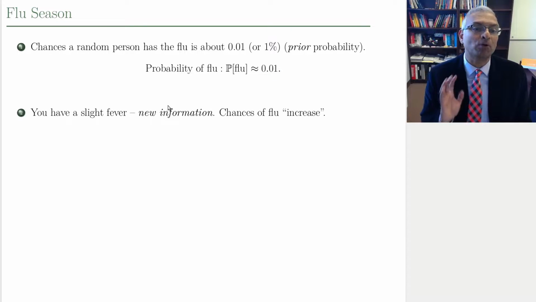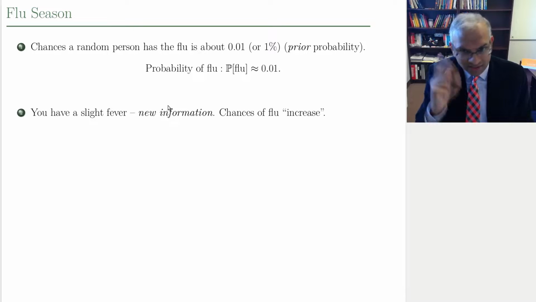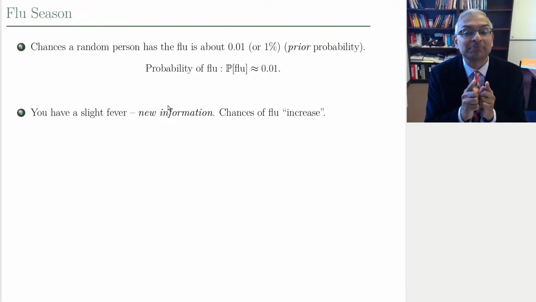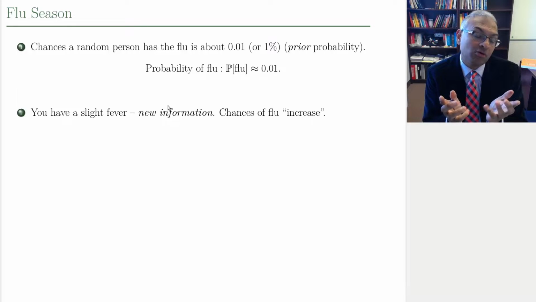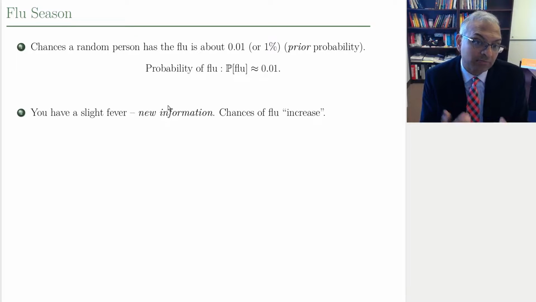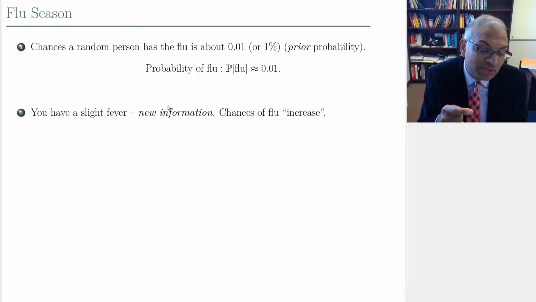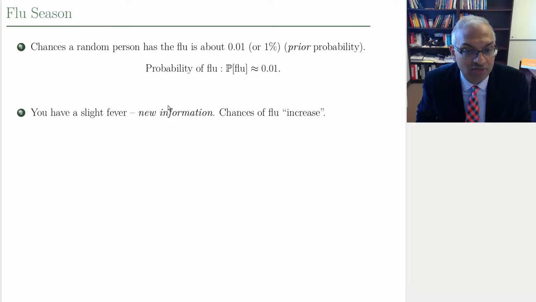But now, supposing I come to your house and I find out that you have a slight fever. This is new information. Before, you were just a random person, but now you're a random person who has a slight fever. That additional new information increases the chances of a flu.